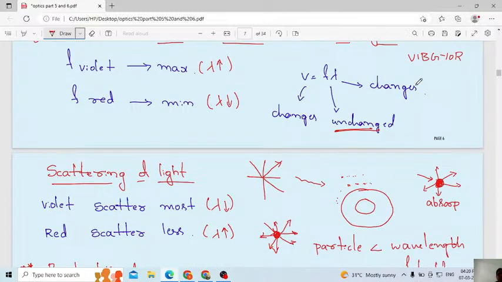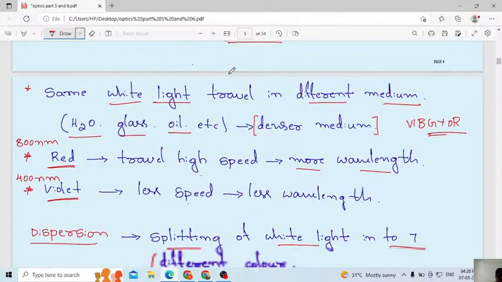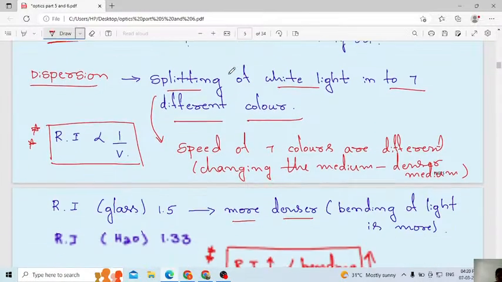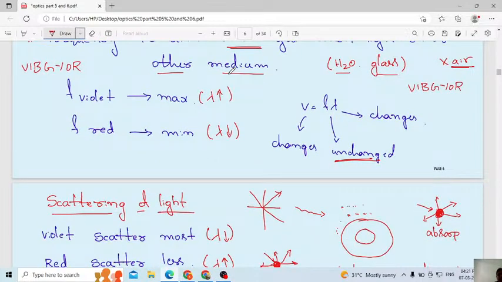Then here also, the frequency of violet light is maximum because its wavelength is less. What is the wavelength here? I wrote less wavelength, so why did I write more here? See here, frequency.